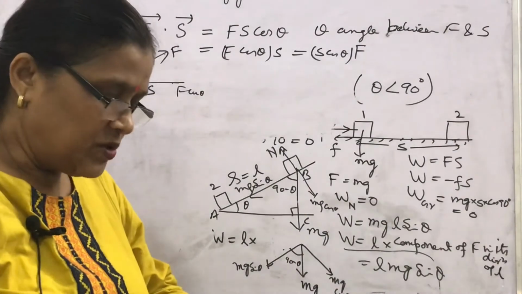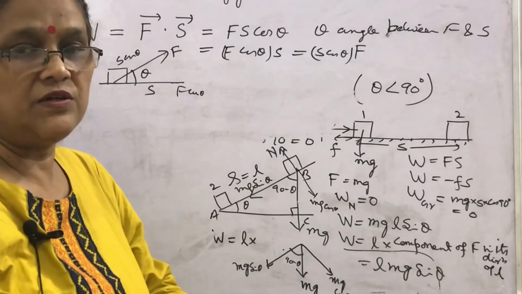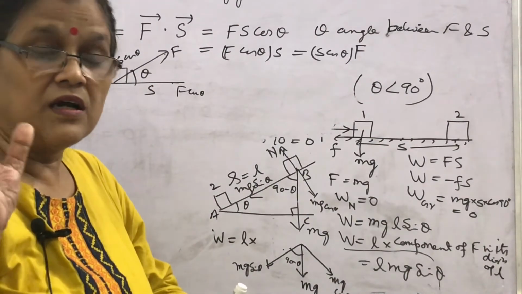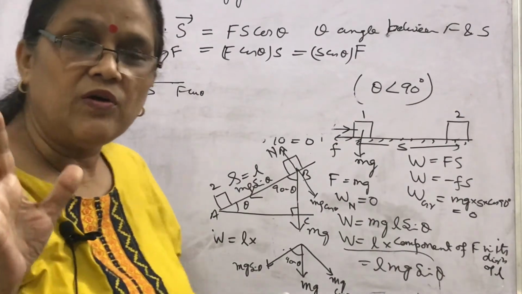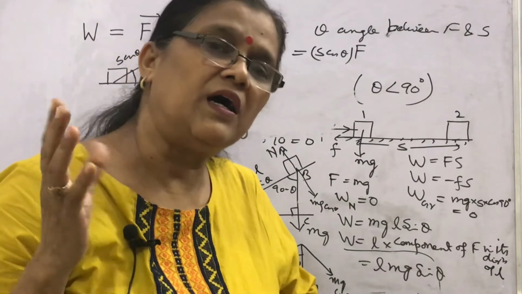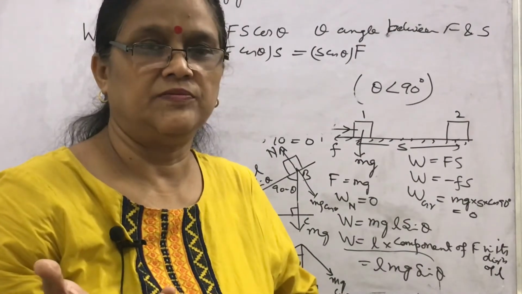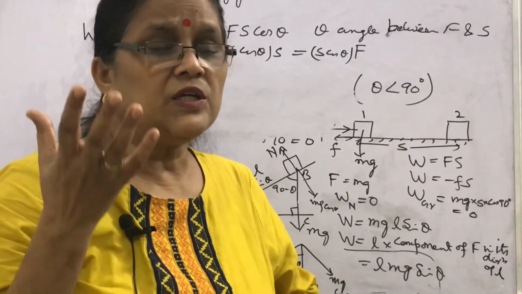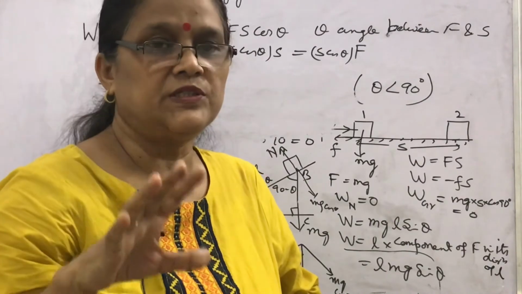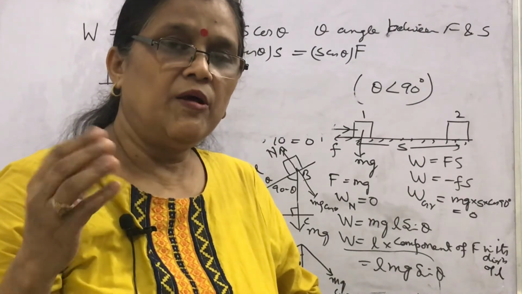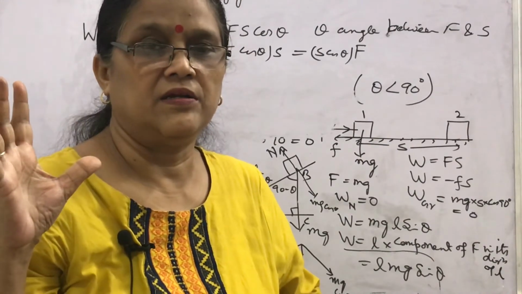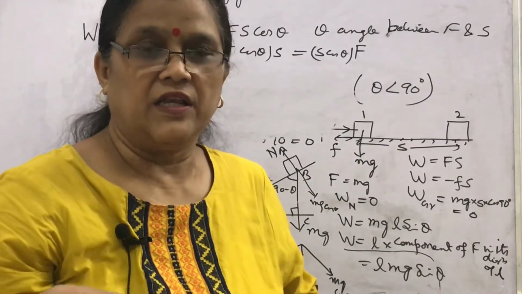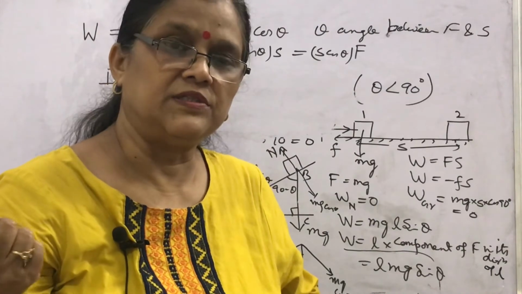Work is also done by forces which are conservative and non-conservative. Are you aware of these names? What are conservative forces? Conservative forces are such forces that the work done by them is path independent, like gravitational, electrostatic, and spring forces.